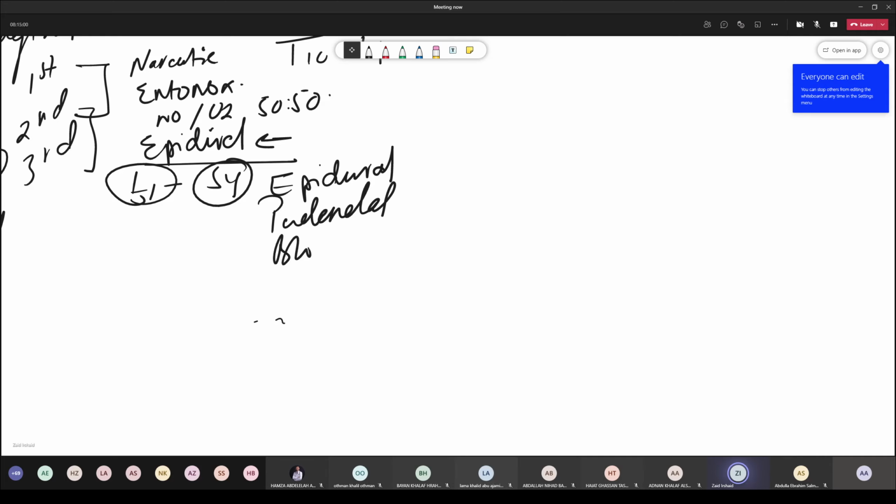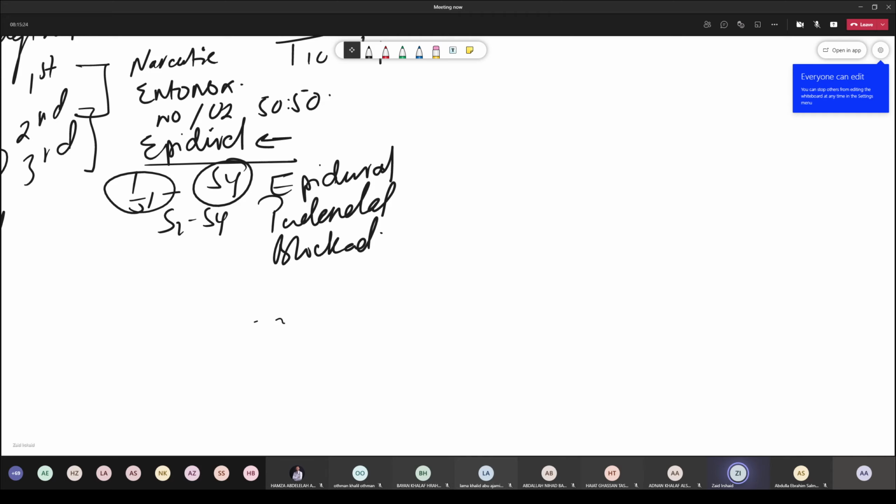Remember that the pudendal nerve is the one that's responsible for S2 to S4. It supplies the lower two-thirds of the vagina and the perineum and the anus. So if you need to use an instrument, if there is anal sphincter repair, if you need to do an episiotomy and repair it later on, pudendal blockade is very good for these issues.